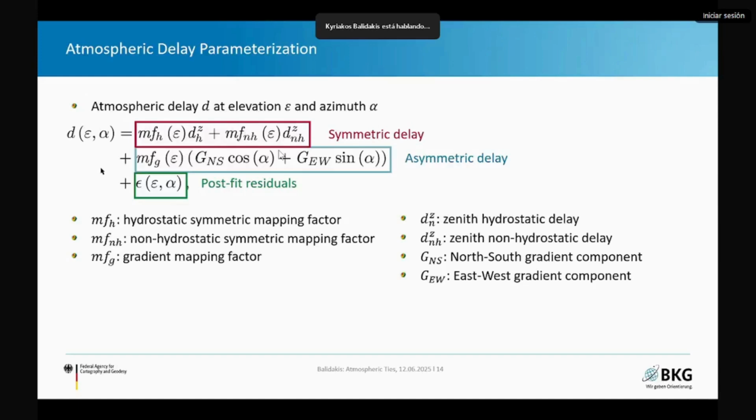The better the atmospheric delay modeling you do, the better station coordinates you have. The station coordinates and the atmospheric delays are in the same adjustment, so if there is a lot of error in the atmospheric delays, it somehow propagates into the station positions as well. So yeah, I hope this is remotely helpful.